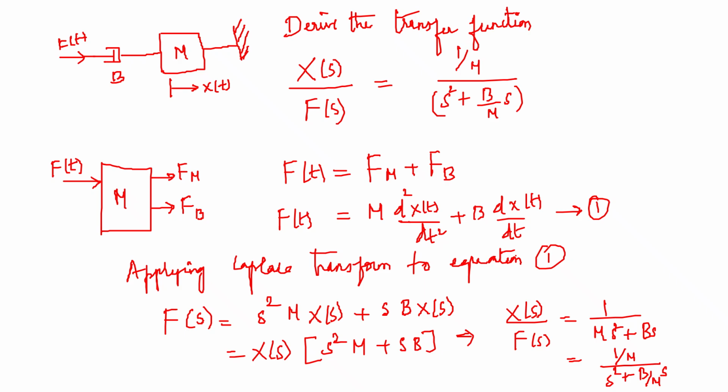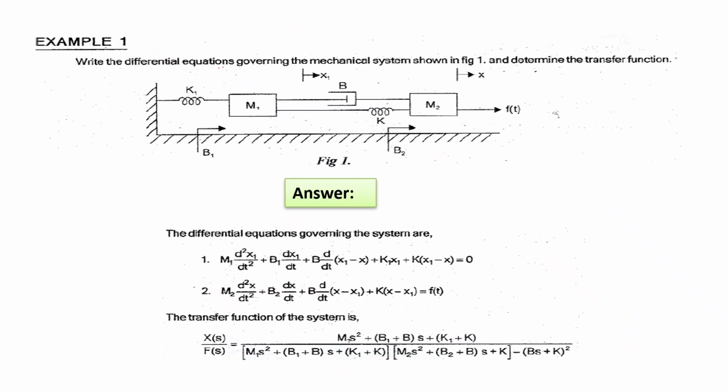If we extend our discussion to a system having two mass elements as shown in the figure, m1 and m2, and there are different elements like viscous friction coefficients and spring constants connected in such a way, we are supposed to derive the transfer function for this system.